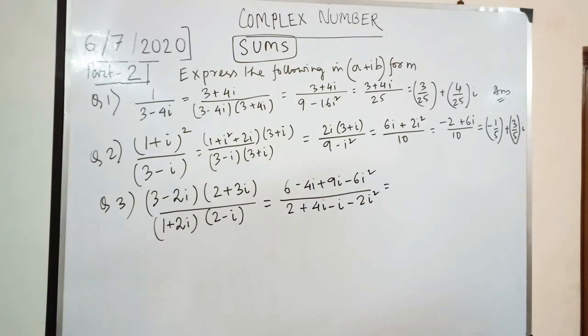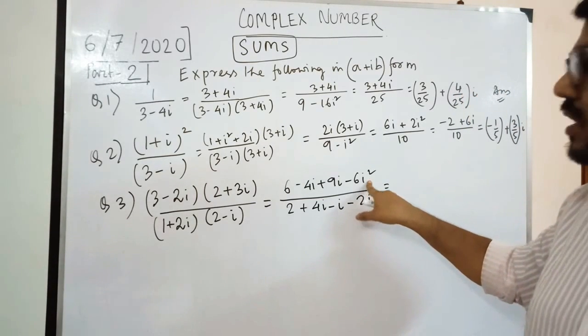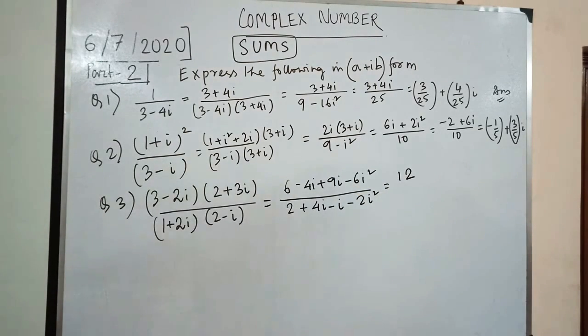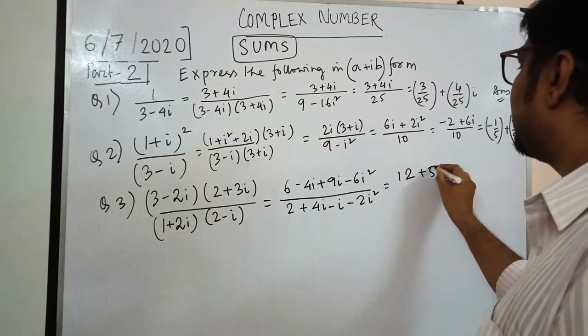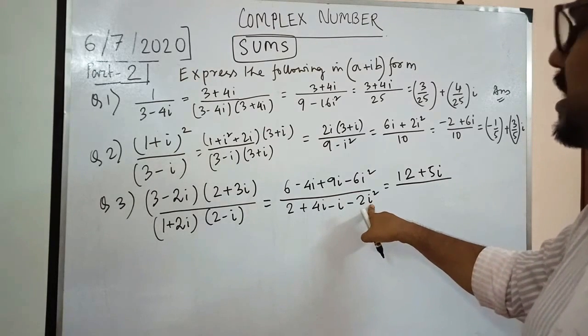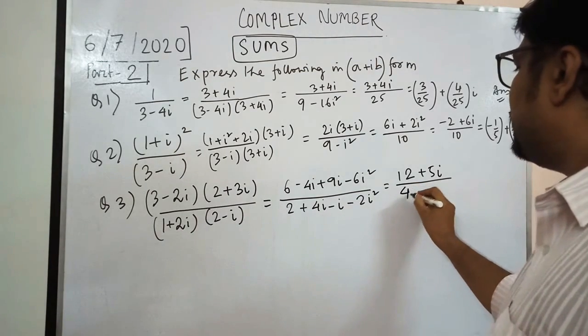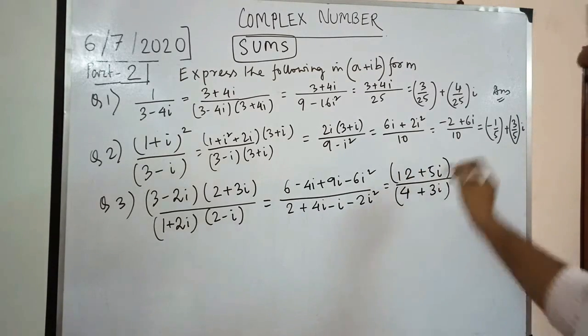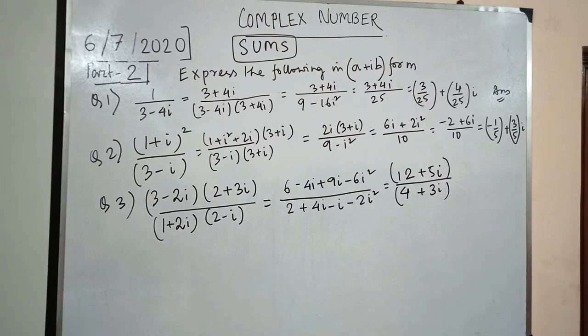So I will put the i square value, which is minus 1, so it becomes plus 6. Plus 6 means it's a 12, and then plus 5i. Over here, this is again minus 1, so plus 2, so 4, then plus 3i. So it's converted to this kind of structure: 12 plus 5i whole divided by 4 plus 3i.